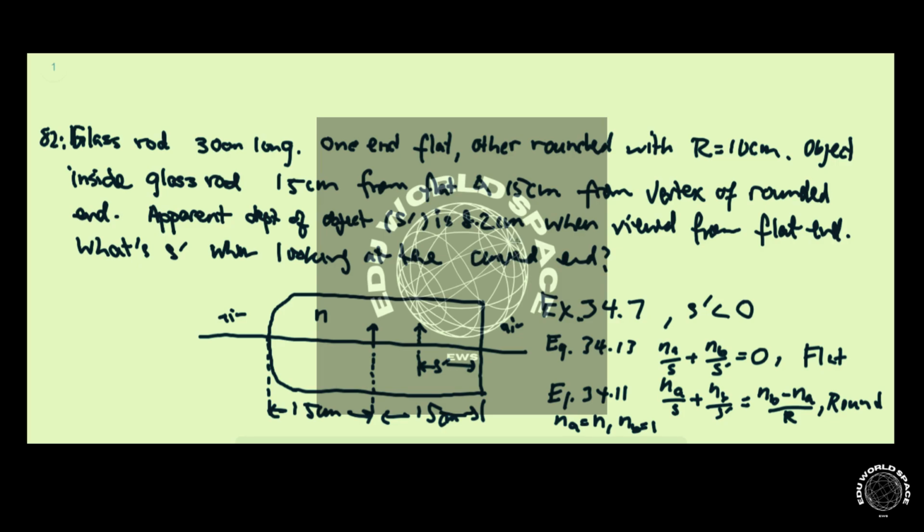And right away, since I mentioned this example where you saw that S primed is negative because the image is on the incoming side of the refractive medium, we have that S primed for the flat side is minus 8.2 centimeters. All right, so let me go on to the next page.